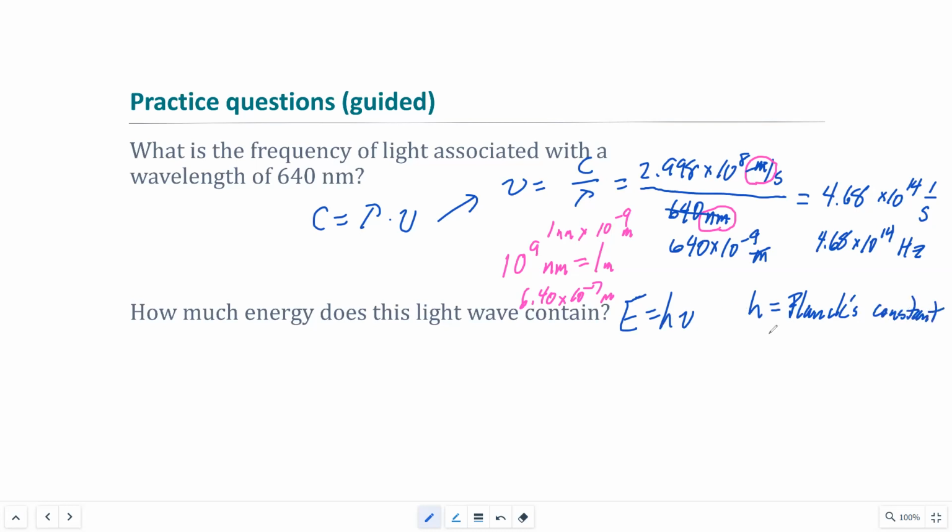Planck's constant is h, and it's 6.626 times 10 to the negative 34th joules, which is a unit of energy, the SI unit, the common derived unit of energy used by the metric system, multiplied by seconds.